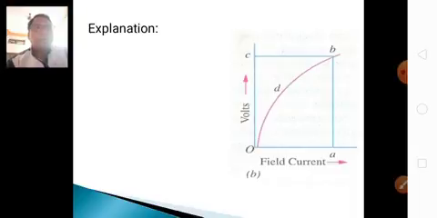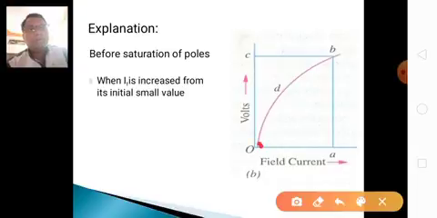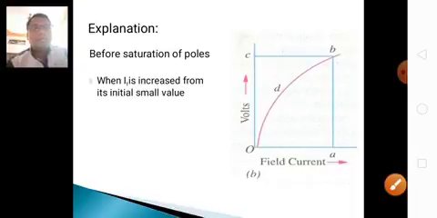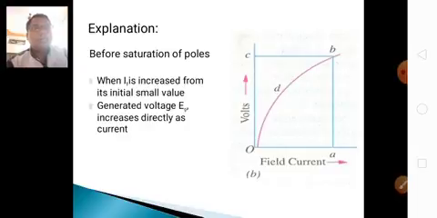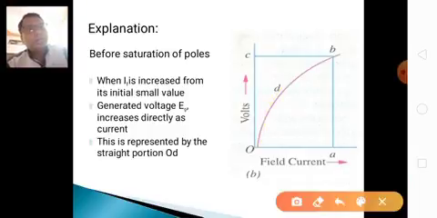The curve explanation: before saturation of the poles, when IF is increased from its initial small value, the generated voltage EG increases directly with the current. So when the field current increases, the EMF also increases. This is represented by the straight portion OD.